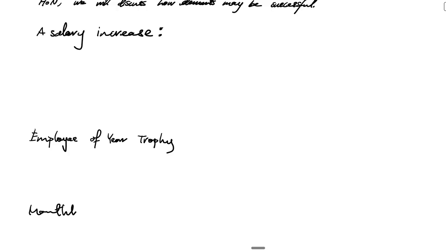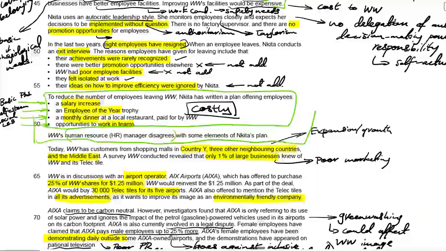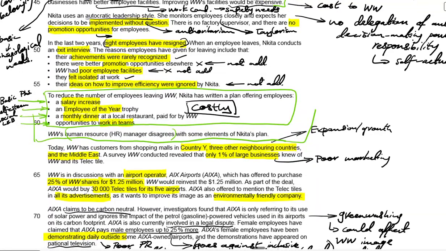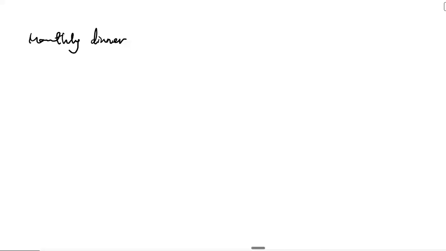And guys, definitely speed this up. I can't talk that fast. So, monthly dinner. If you're happy with this pace, then don't, but local restaurant, and then opportunities to work in teams. That's an important one, right? To work in teams.